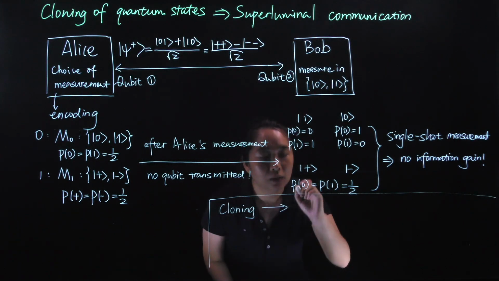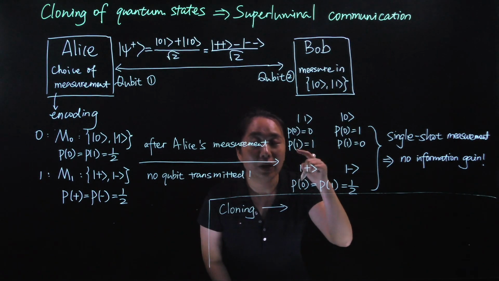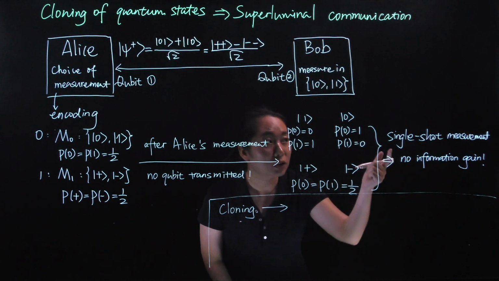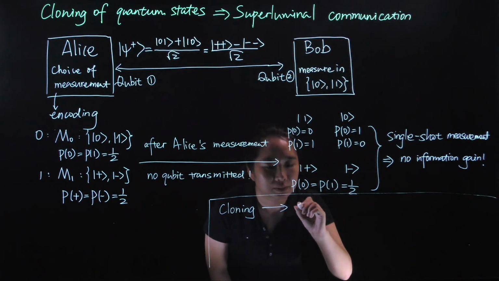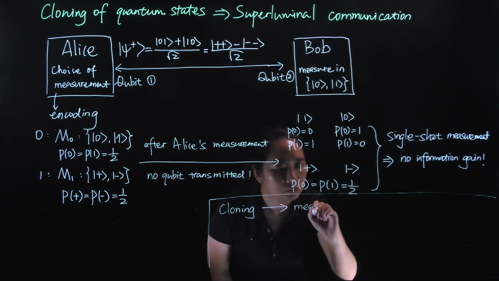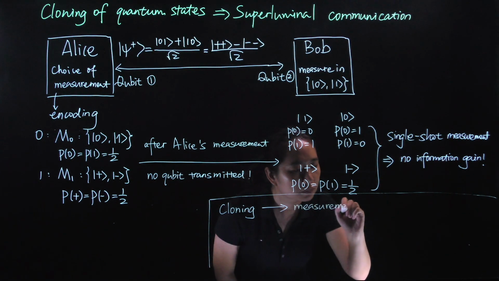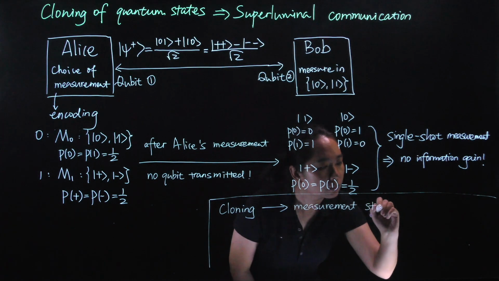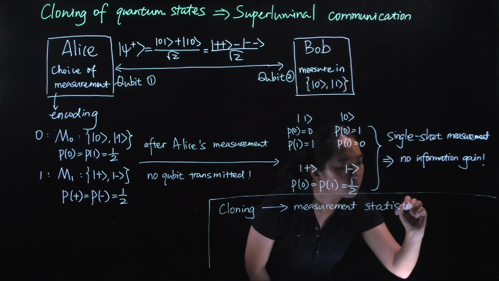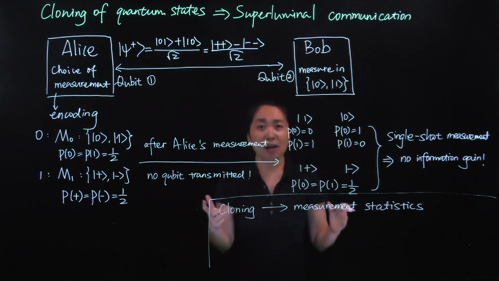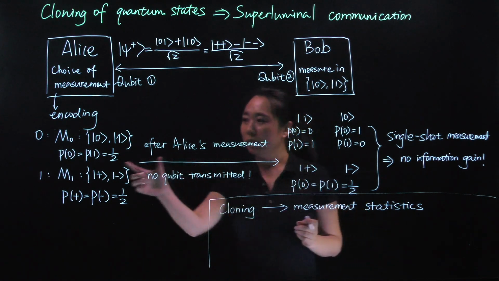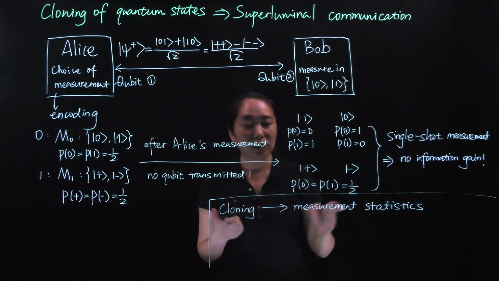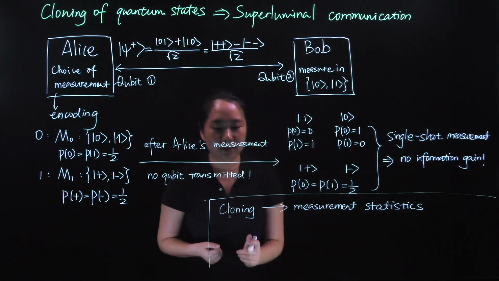So now, other than inferring the information from a single shot measurement, he can infer it from measurement statistics. So now let's look at how Bob can infer the information encoded by looking at his measurement statistics.